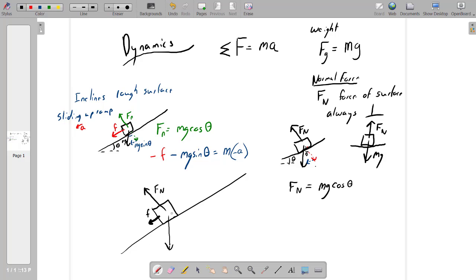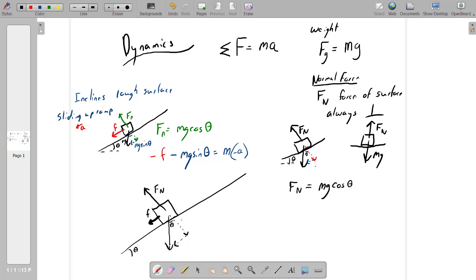Okay, so Luis says, how do I know what trig function to use? All right, if this is the angle, look, I just made a right triangle here. So this component goes down like this, this component goes over like this. Here's my angle. I use cosine for this one right here because it is the adjacent side.